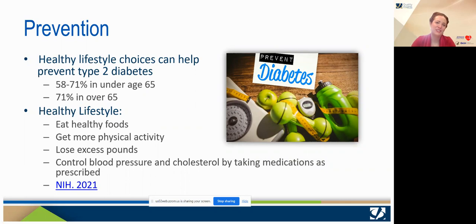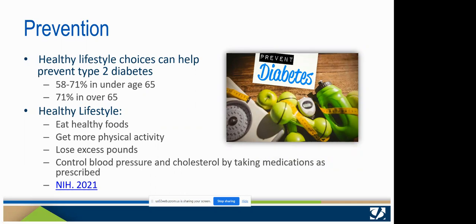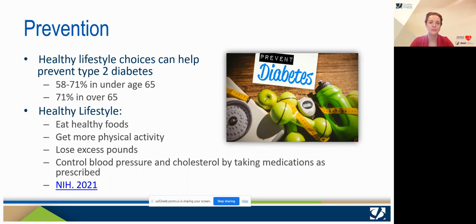Prevention, as I mentioned, is one of the ways that we focus on for helping to reduce pre-diabetes. Healthy lifestyle choices can help prevent type 2, which in turn helps to get people out of that pre-diabetes range.